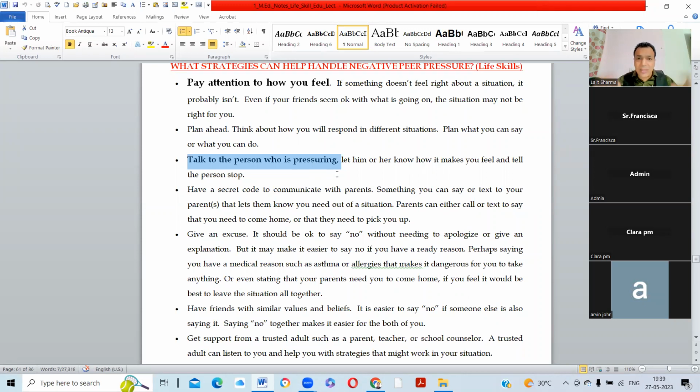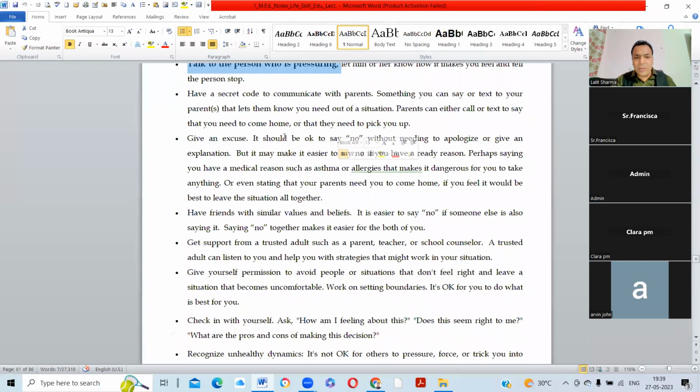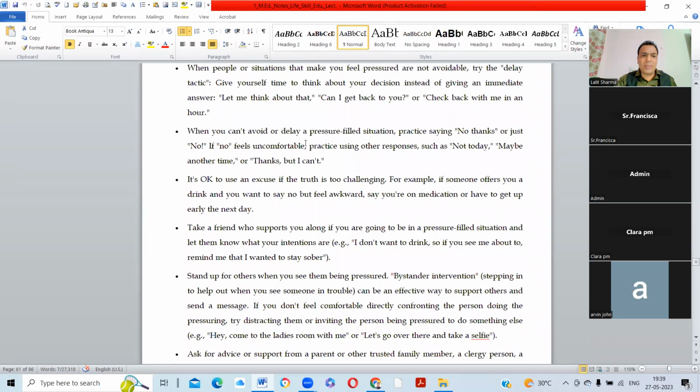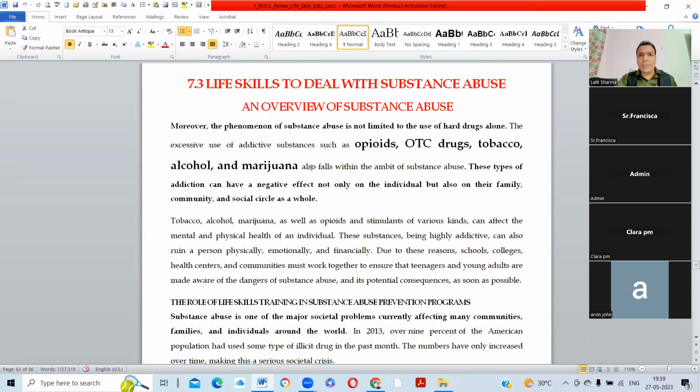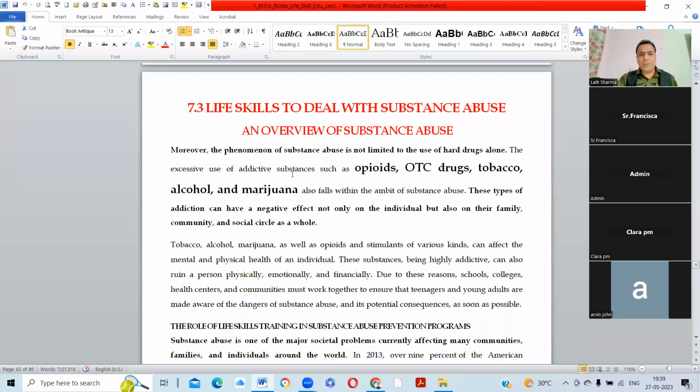Even in many schools there is a counseling session, and they have appointed a counselor who goes to different schools. So teachers should have knowledge of all these things, only then can they develop these among the students. Life skills to deal with substance abuse and an overview of substance abuse.